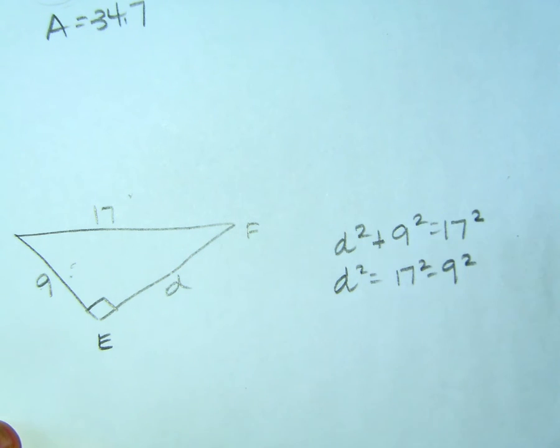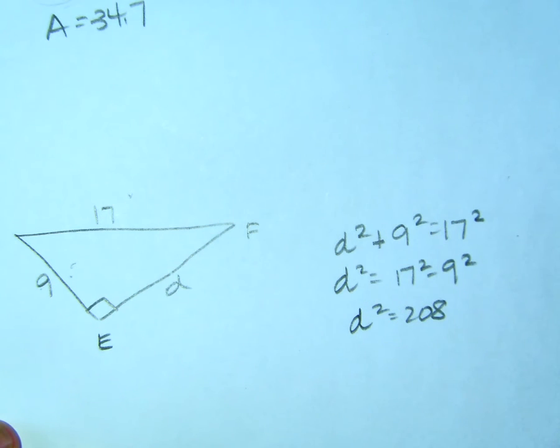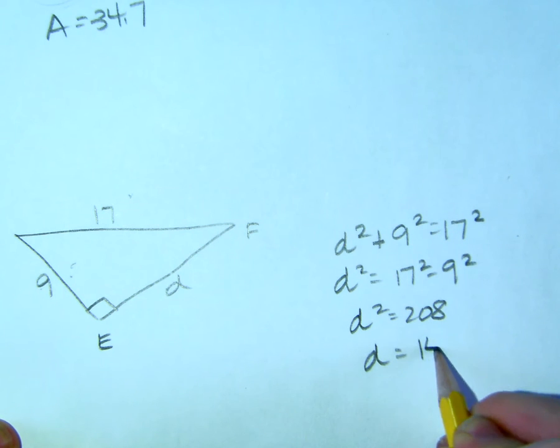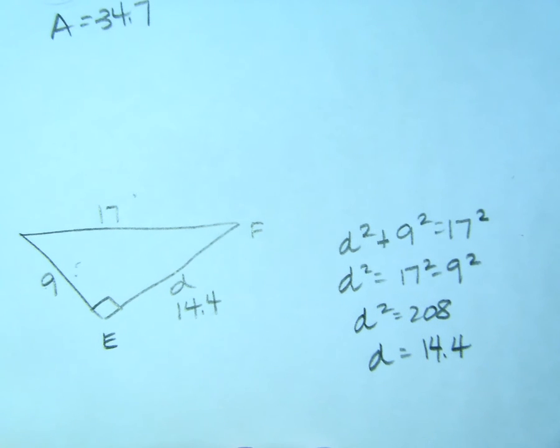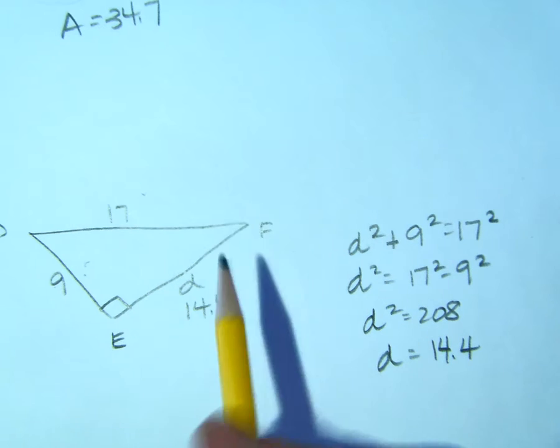And I get 208. D squared equals 208. And when I take the square root of that, I get 14.4. I don't know if I can simplify that in radicals, but just to be quick, I'm going to call it 14.4. Oh, the quiz says round decimals to the nearest tenth.